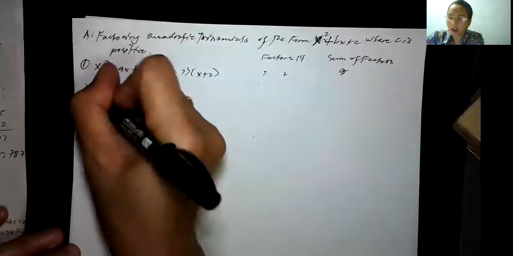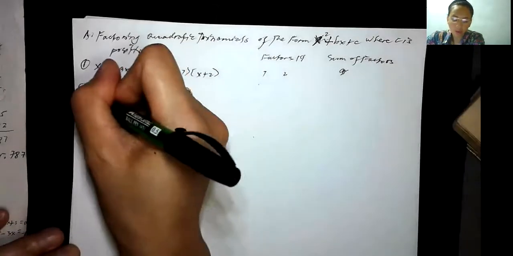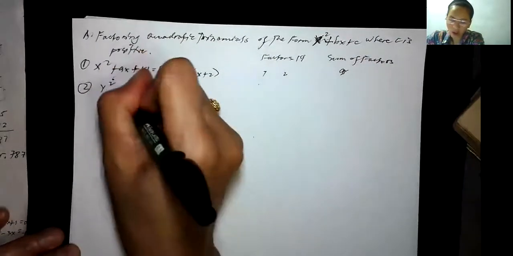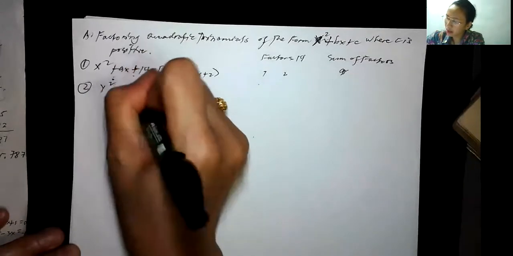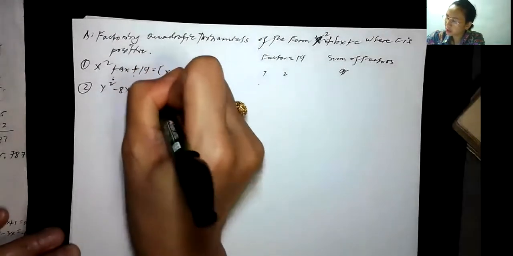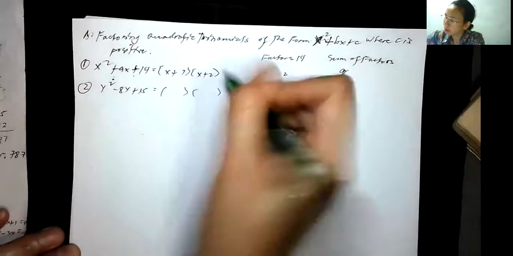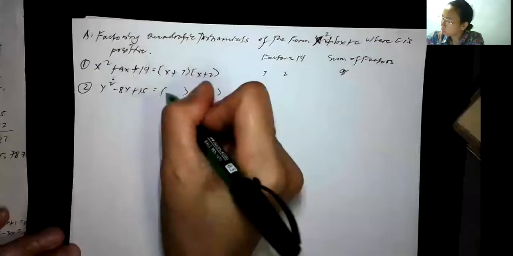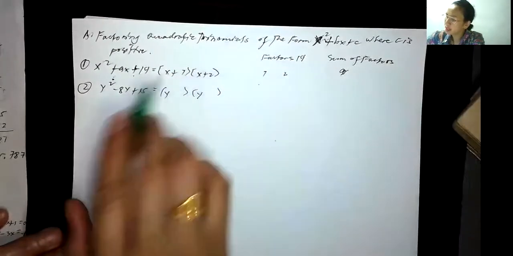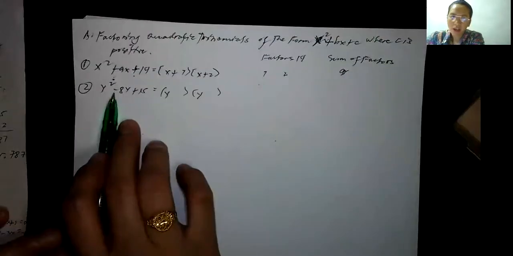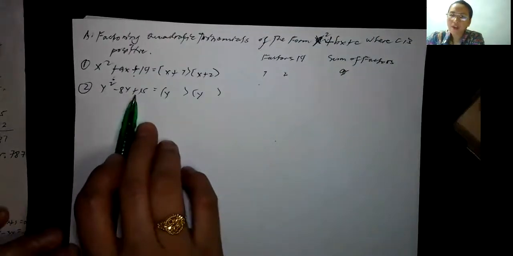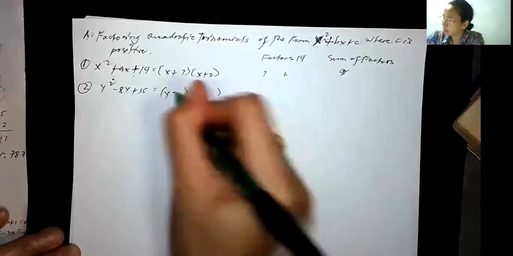So let us have another example. Suppose we have here y squared minus 8y plus 15. So again, the factor of y squared is y and then y. Since this is negative and the last term is positive, this is both negative.